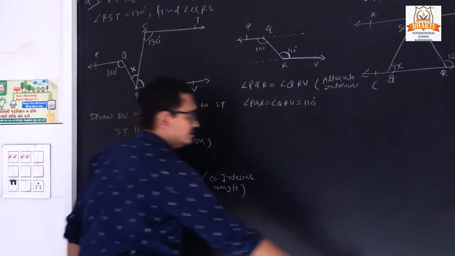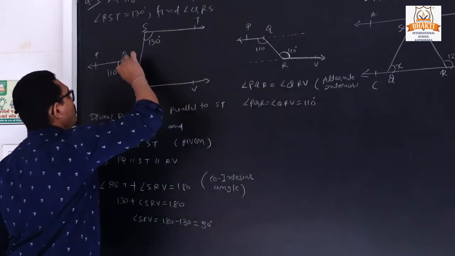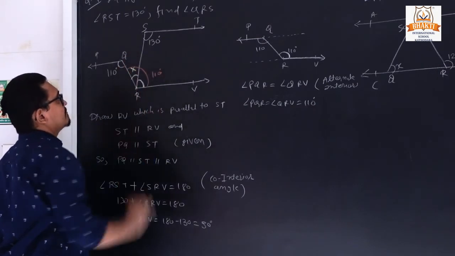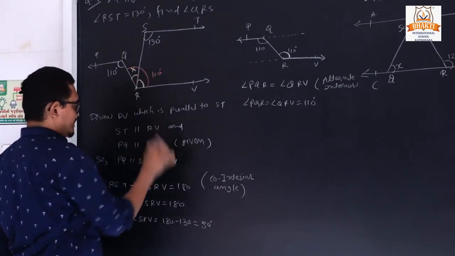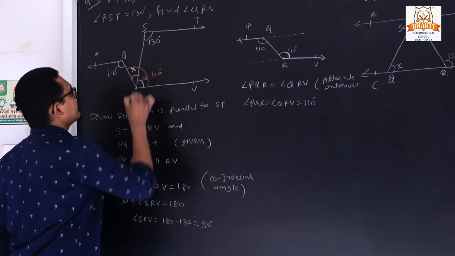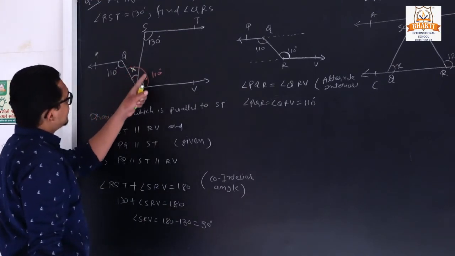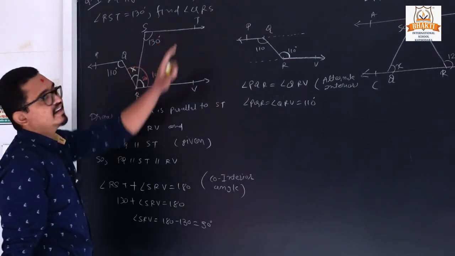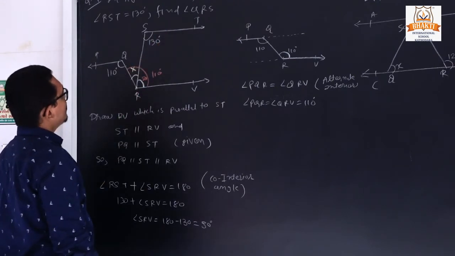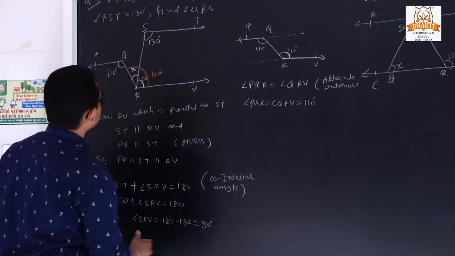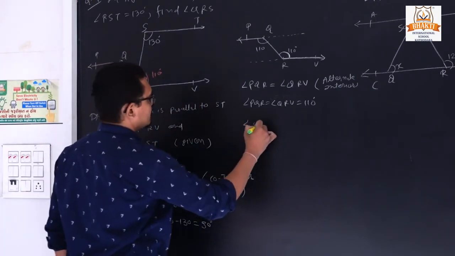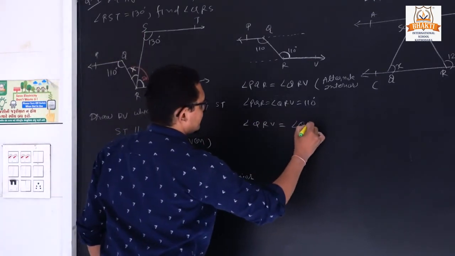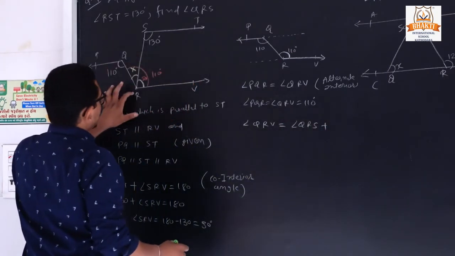So it means all this angle is 110 and this angle we have already found, it is 50. So from 110, if we subtract 50 degrees, we can find this remaining angle, our required angle. Clear? So we can write QRV is equal to QRS plus SRV.